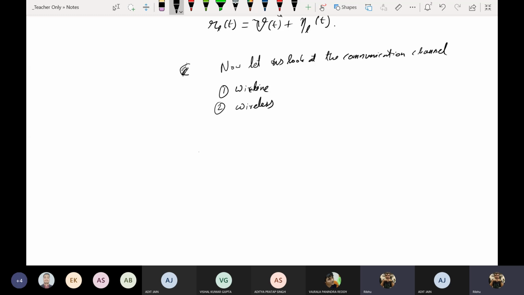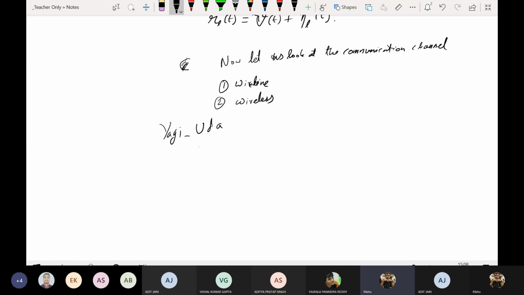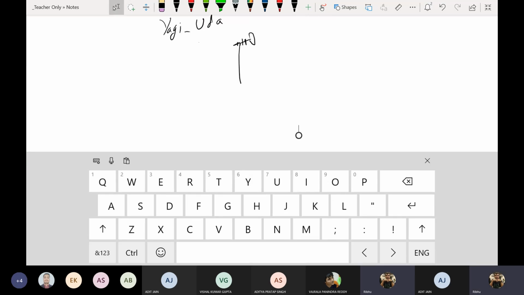Has anyone seen or heard the term Yagi-Uda antenna? No, sir. No problems.